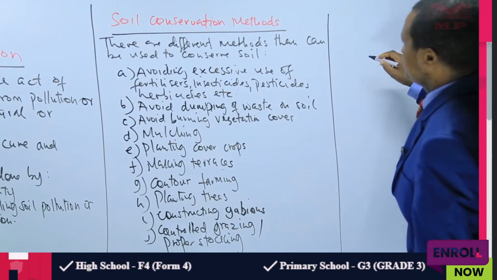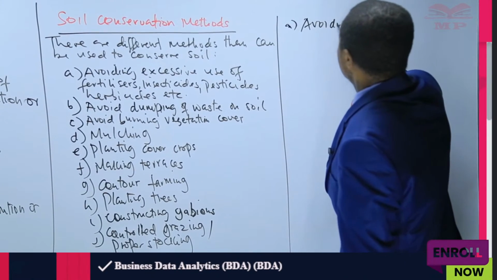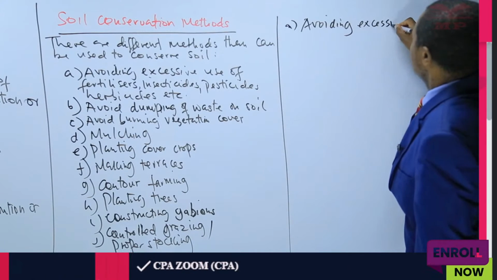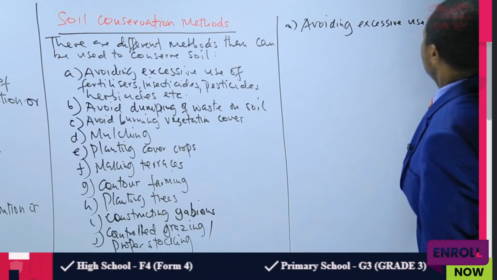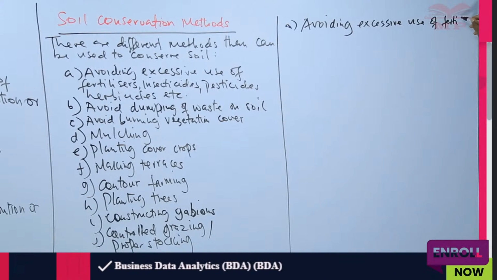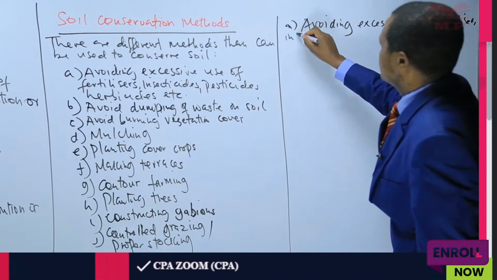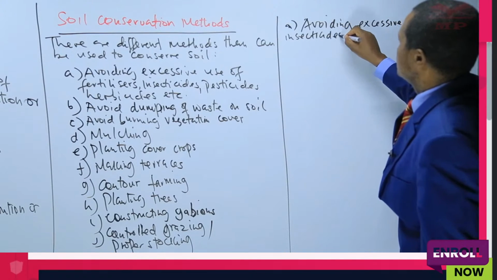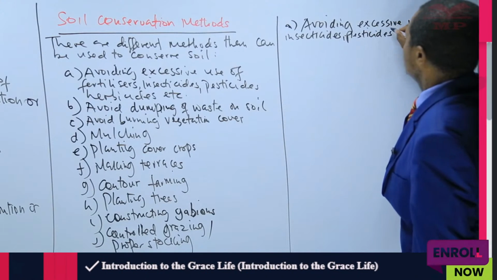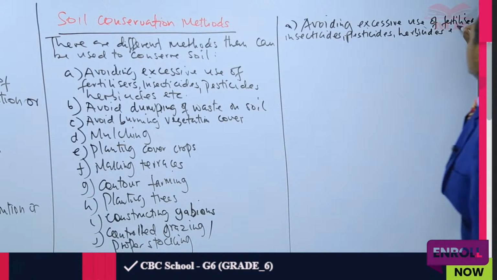I'm going to explain the first method, which is avoiding excessive use of fertilizers, insecticides, pesticides. We also have herbicides, etc.